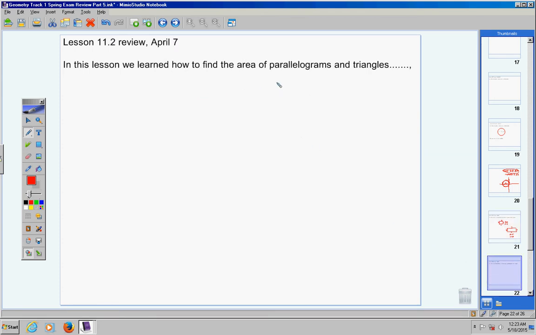The formula for the area of a parallelogram is base times height. The area of a triangle, the formula is 1/2 base times height, okay? So with those two formulas in mind, you can write them down, and you can have those for the test tomorrow, okay? That's fine.